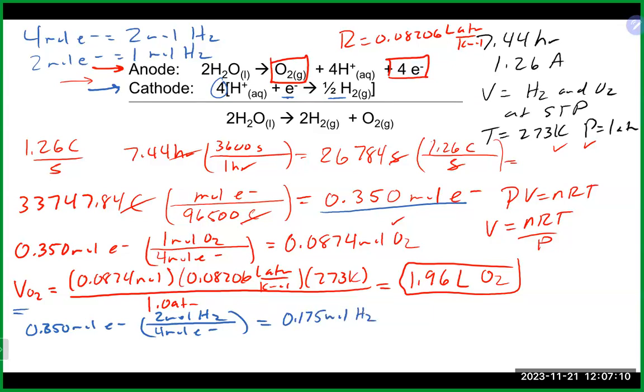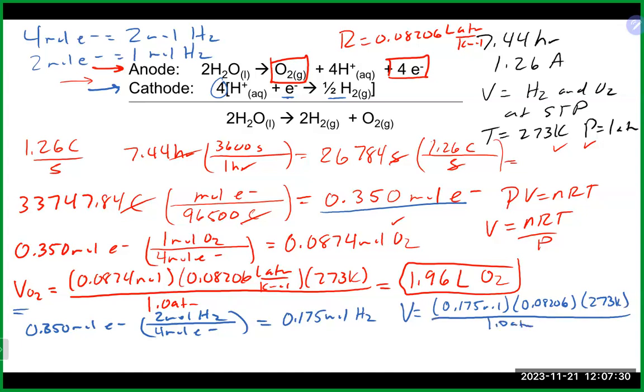So now that we have that, it's the same conditions for our hydrogen. So our volume here would be 0.175 moles, our gas constant, since I'm running out of room, I won't put the units in there, 273 Kelvin, all divided by our 1 atmosphere.